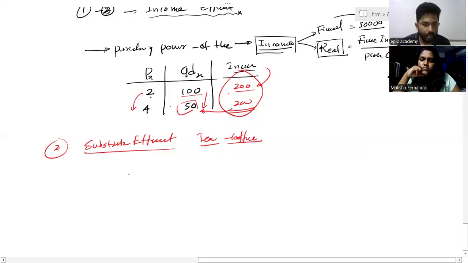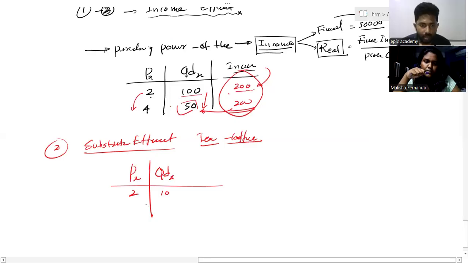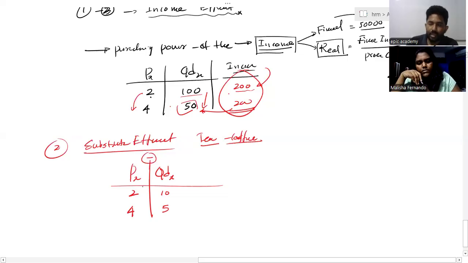Just consider this is a certain commodity, X. The price of the commodity is just some rupees, and the quantity demanded is 10. The price increased to 4 rupees and the quantity decreased to 5. So now you can identify the negative relationship between price and quantity demand. The reason behind that one is the price of other commodities.